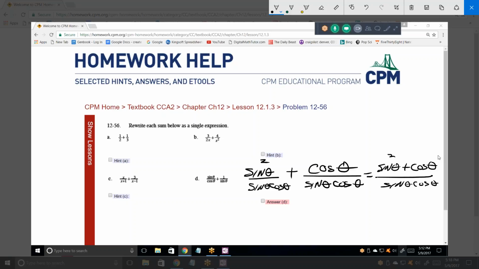Question is, can we simplify that? Yeah, no. How? I don't see it right offhand. It'd be nice if this was a cosine squared theta, because then that becomes 1. But sine squared theta plus cosine theta, I don't think that simplifies to anything.